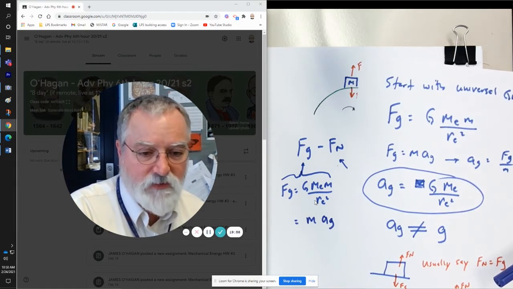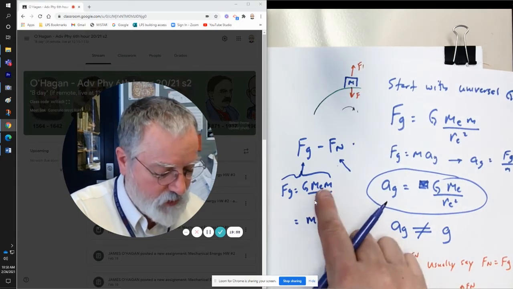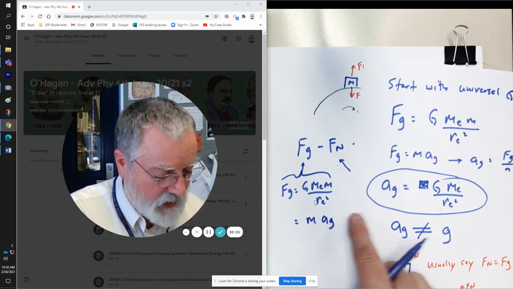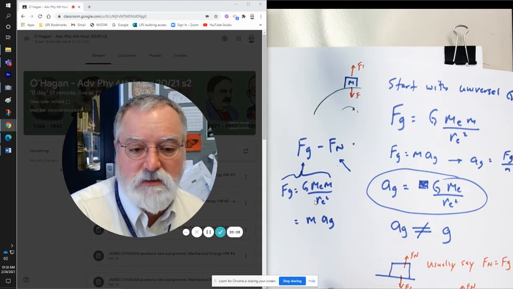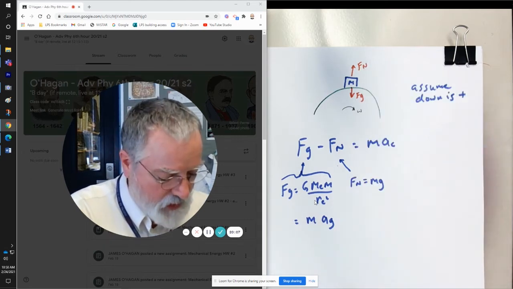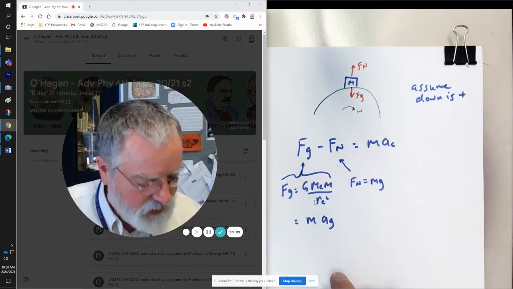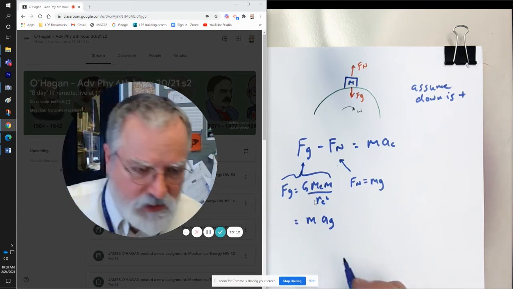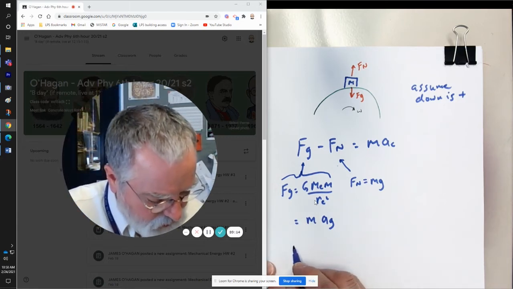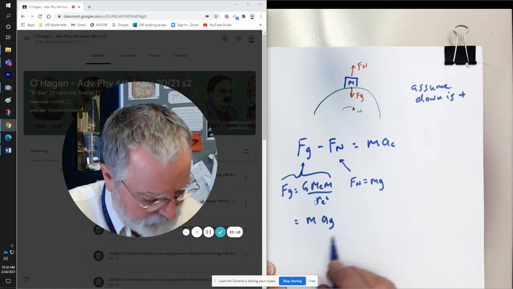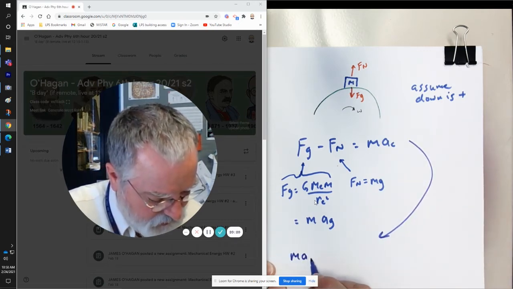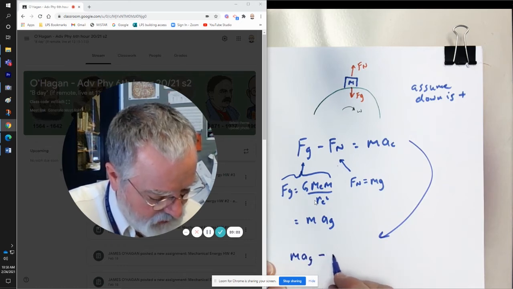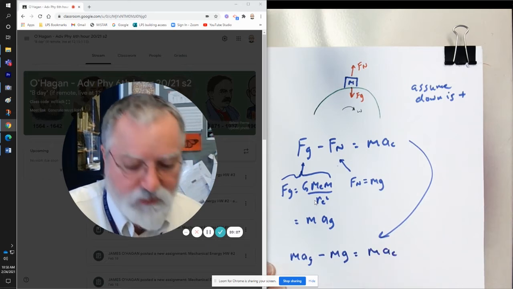So what I've done is I've got this universal gravitation, and I'm going to say, hey, acceleration due to gravity times the mass equals this. Now I'm going to rewrite this equation in terms of accelerations. Just bringing it down: m times acceleration due to gravity minus mg causes the mass to have a centripetal acceleration.